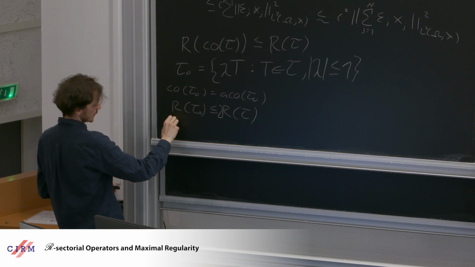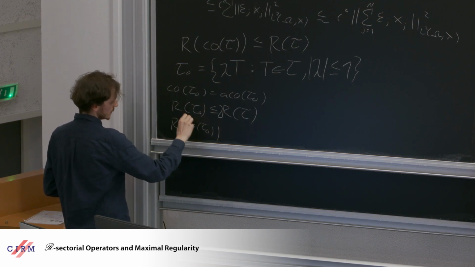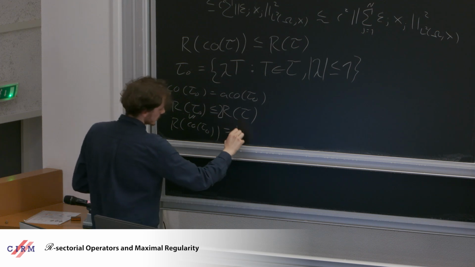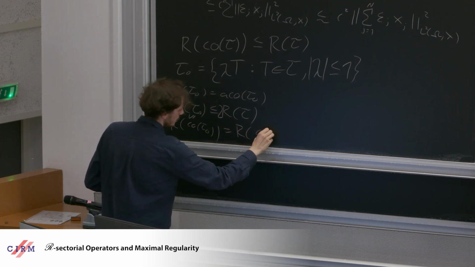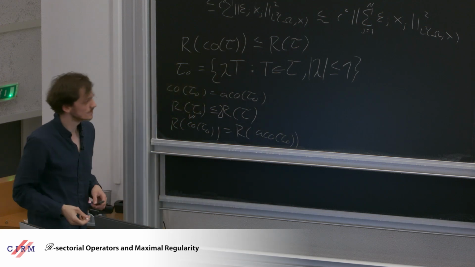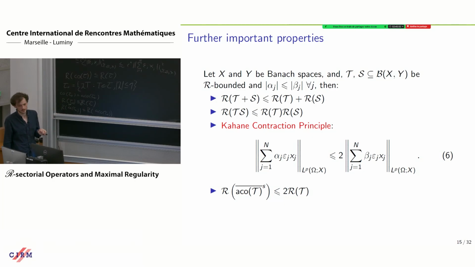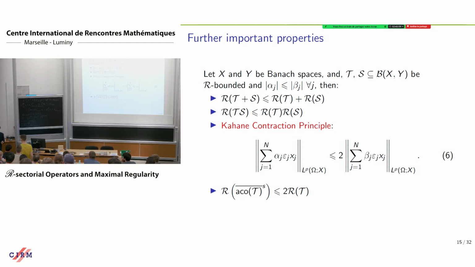Then you take that the convex hull of this is less or equal than this, and this is equal to what we wanted in the beginning. And the closure in the strong topology, it's just taking a limit. And I will give the word to Max, who will speak about the multiplier theorem.